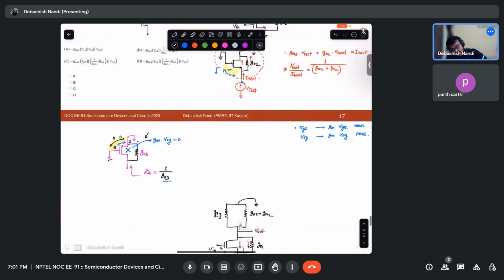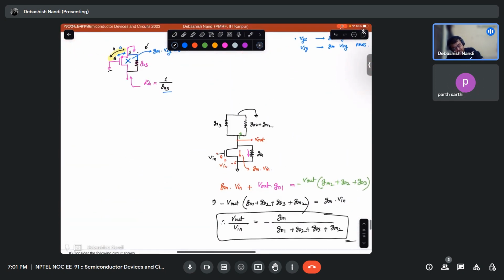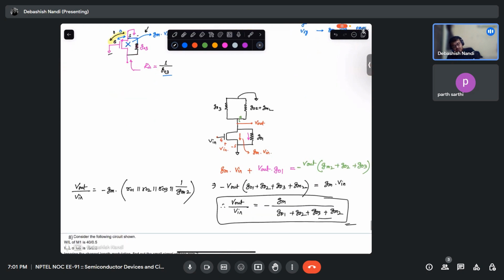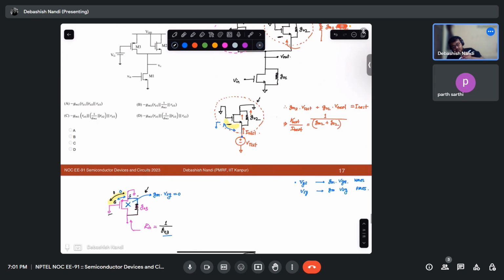If we take it in terms of R, V out by V in equals minus gm times the parallel combination RO1 parallel RO2 parallel RO3 parallel 1 over gm2. This will be your gain.